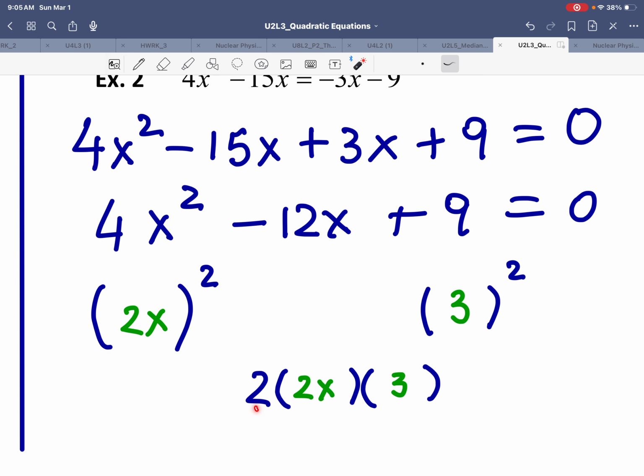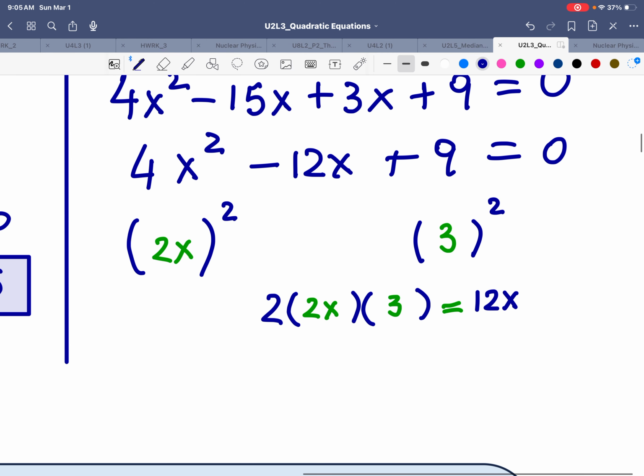As you can see here, 2 times 2x times 3 is indeed 12x, which proves that this is actually a perfect square trinomial of the form a squared minus 2ab plus b squared. So as you can see, with a equal to 2x and then b equal to 3.